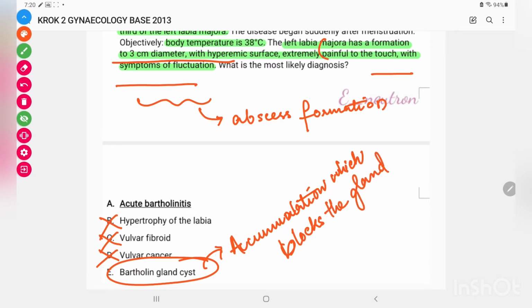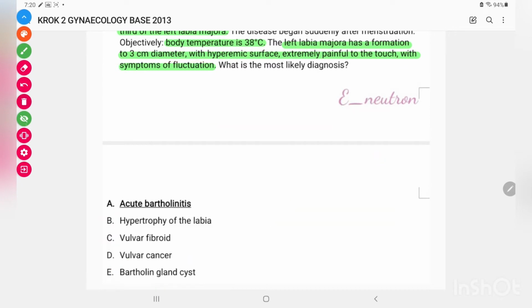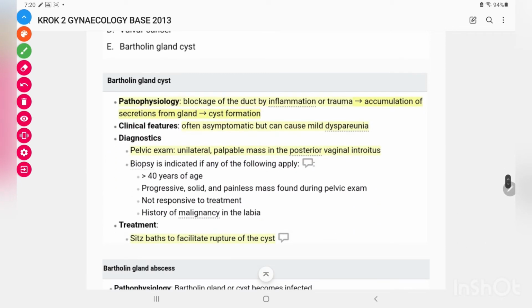Okay, so if we talk about the pathophysiology of how the Bartholin's gland cyst is formed, basically the duct is blocked by inflammation or trauma. Because of that, there is accumulation of secretions from the gland, and this forms a cyst.